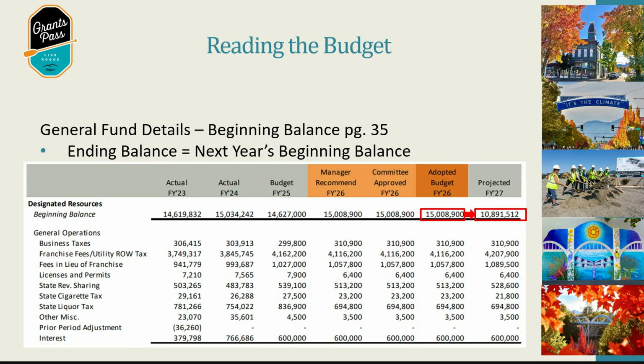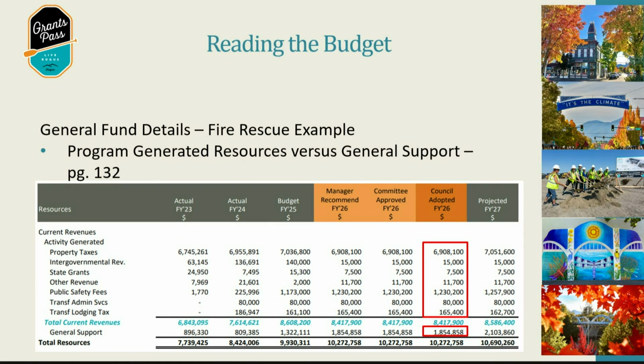So we are set up to spend about $4 million more than we are actually bringing in revenues. And the next page, at the bottom of page 36, you can kind of see that the resources match the requirements.